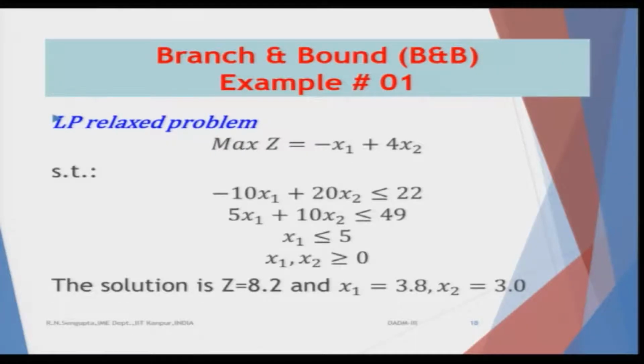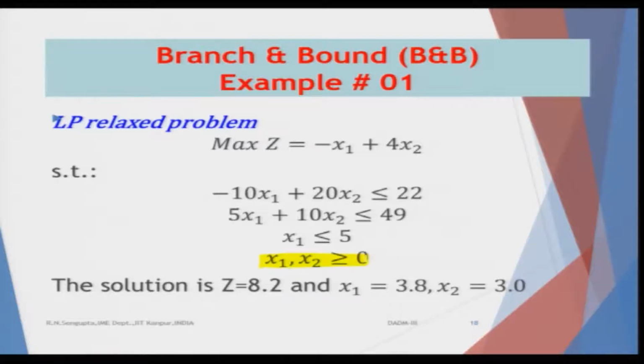Let me go one by one very slowly. Minus 10x1 plus 20x2 is less than or equal to 22, which is the same. 5x1 plus 10x2 is less than or equal to 49, which is the same. x1 is less than or equal to 5, which is the same. The main part which has changed, considering this is an LP relaxed problem, that is why I have highlighted it in blue bold color, is this one.